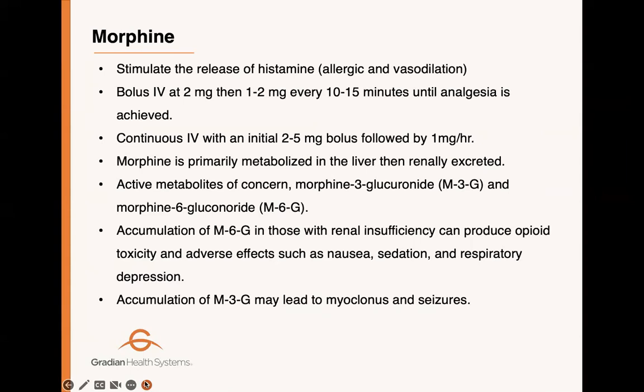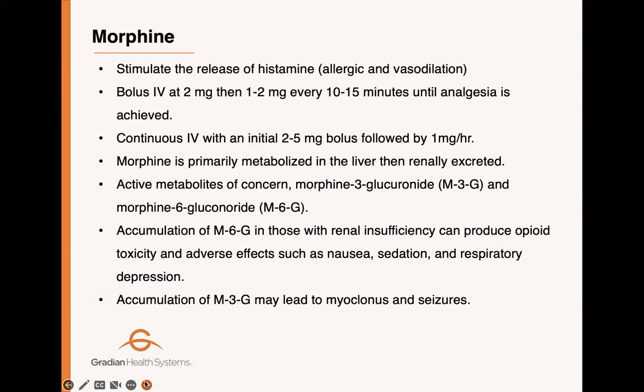So you need to give repeated doses until you have achieved your analgesic requirement. However, there's an option for continuous IV for those who have infusion pumps where they can hook up the morphine. You give a bolus of 2 to 5 milligrams, or 0.05 milligram per kilo, or a 2 to 5 loading dose and then an hourly dose of 1 milligram.